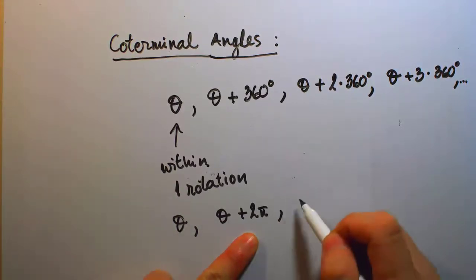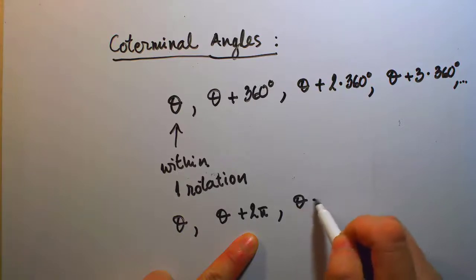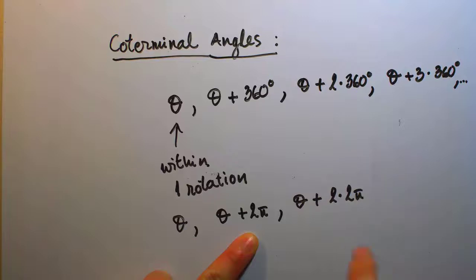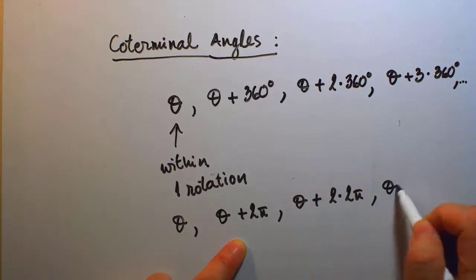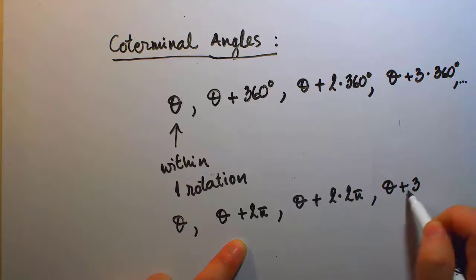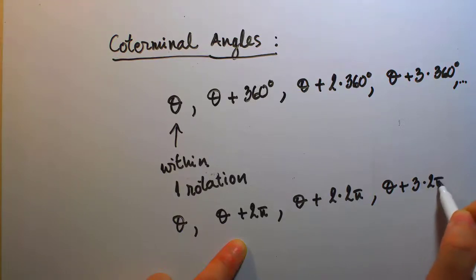And then we can have theta plus 2 times 2 pi, because keep in mind, I purposely want to display that 2 pi is counted as one complete cycle. So here, this is a multiple of 2 complete cycles. And then continuing from there, we can have theta plus 3 times 2 pi, and so on.